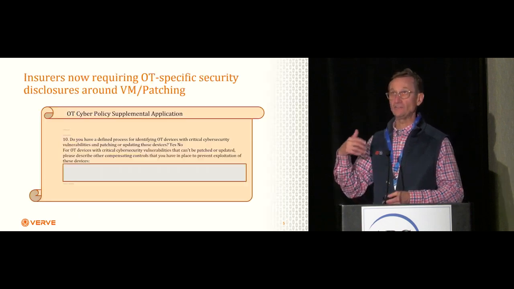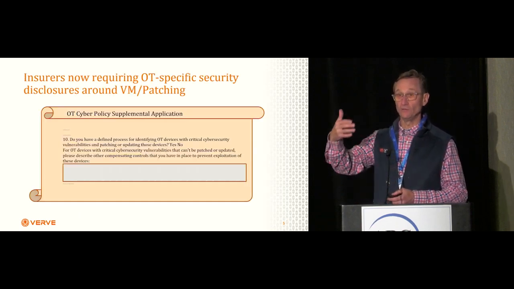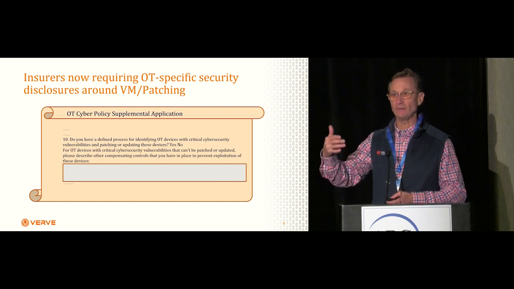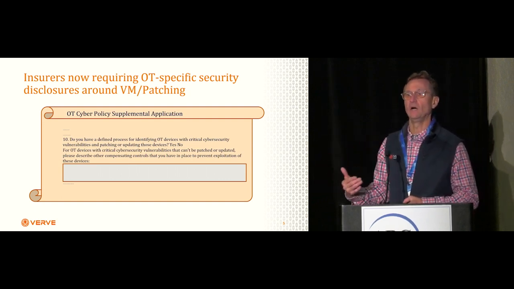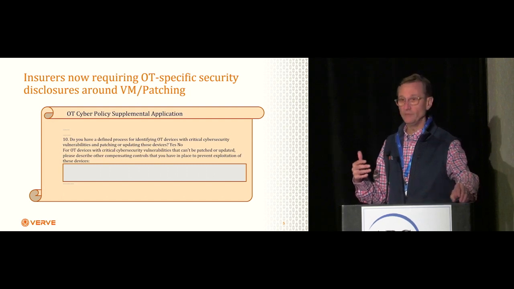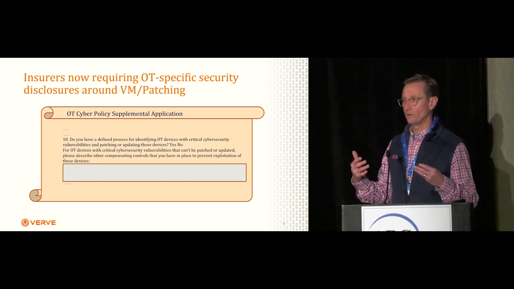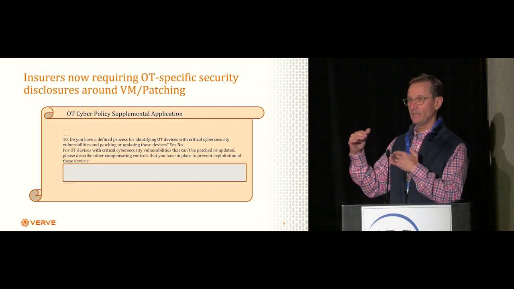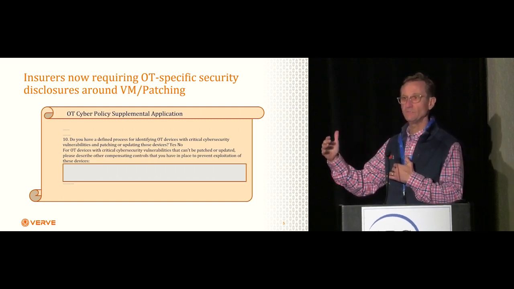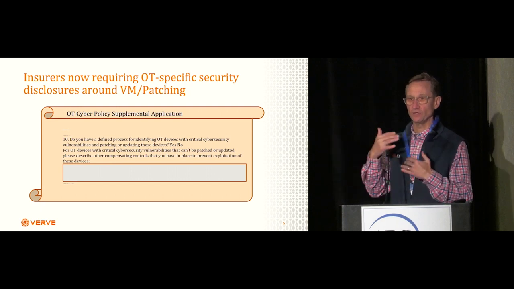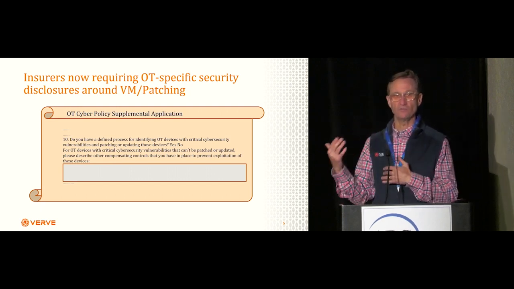On top of all these vulnerabilities, regulators and particularly insurance companies are now asking us to do more. For those of you who have been dealing with insurance requirements of late, there's typically a whole separate OT cyber policy addendum that you need to fill out to have your cyber insurance cover your OT.